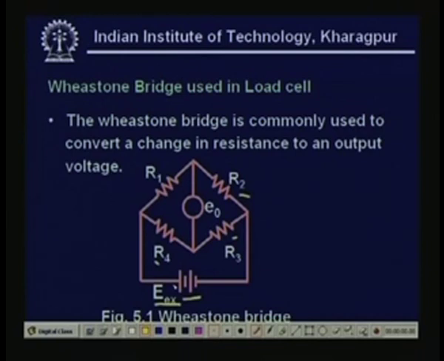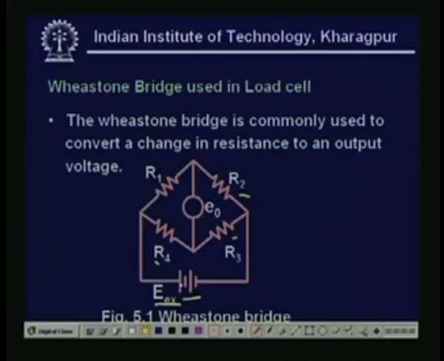We can use DC voltage as well as AC voltage, that does not matter, because so far it is a pure resistance, it hardly matters whether you are using DC or AC voltage. Here we have used a DC voltage, and this is the unbalanced voltage of the bridge. So, this voltage E naught will be calibrated in terms of the load, which we are going to measure by this instrument.